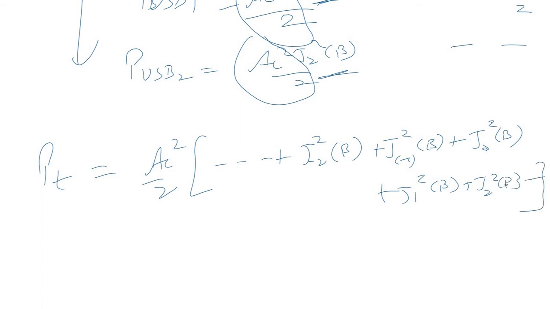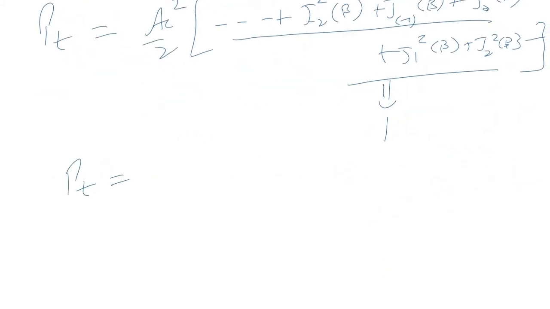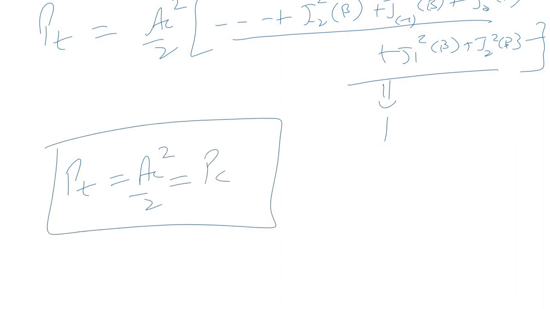We've already seen that the summation of squares of all the components of the Bessel function is equal to 1. So total power PT is equal to AC² by 2, which is nothing but your carrier power. Very important conclusion.